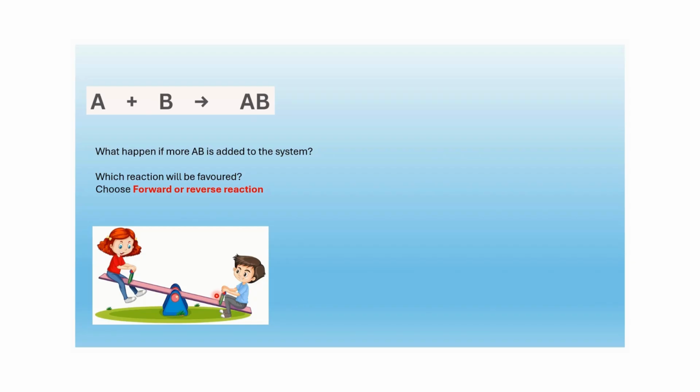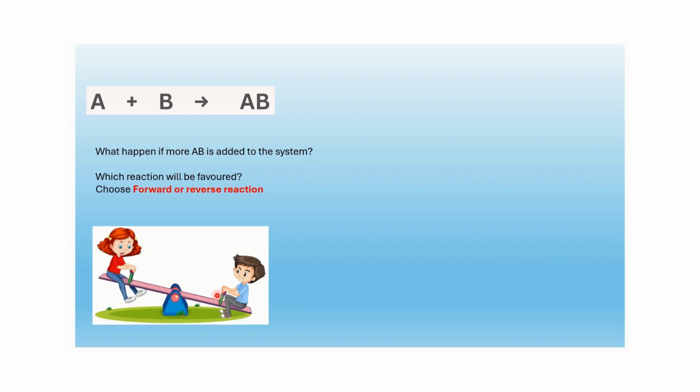Which reaction will be favored? We are simply saying how Le Chatelier's principle is going to be applicable to resolve the disturbance. So when you add AB, you disturb the system, the ball rolls close to the boy. What will happen when you apply Le Chatelier's principle?